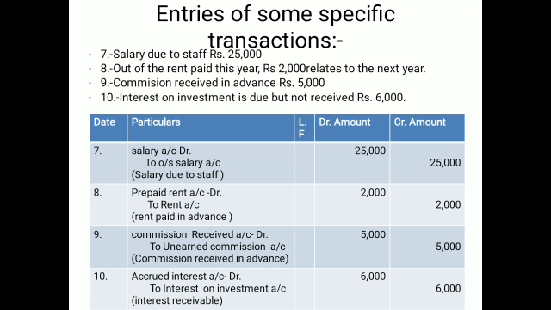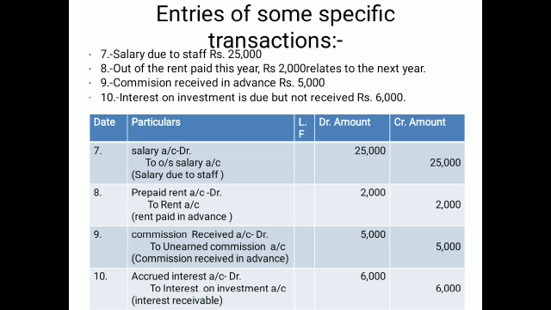Now next is the entries of some other transactions like the salary due to the staff. When the salary is due, it means salary payable. When the word due is there, it means the word payable is there. We are not giving the weightage to staff. It is payables to the staff. That is the specification. But the question is any expense due, any expense payable.